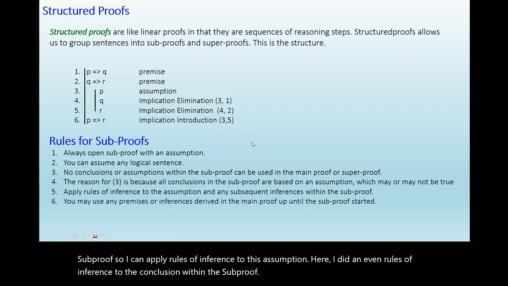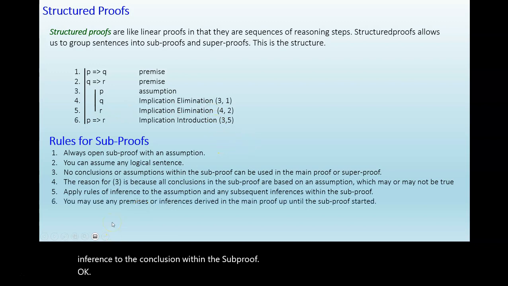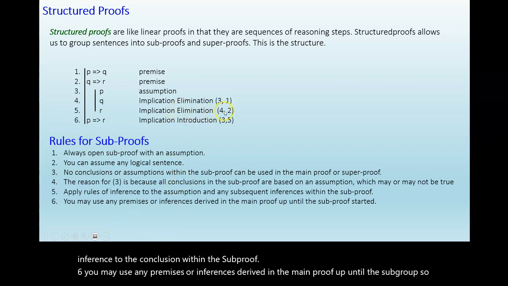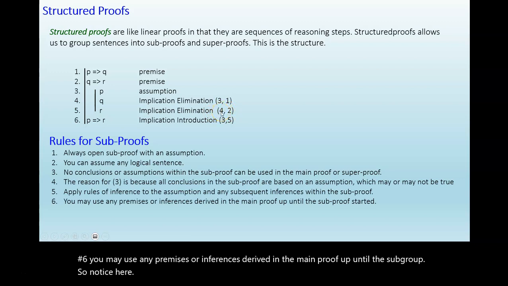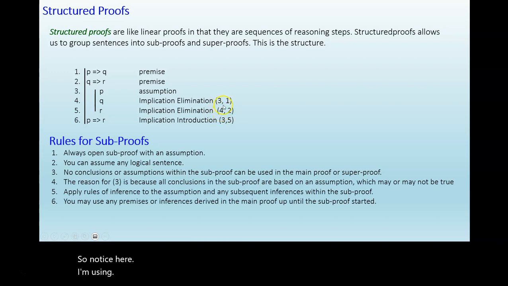Number 6, you may use any premises or inferences derived in the main proof up until the subproof. So notice here, I'm using 3 and 1, that is, I'm using the assumption and the premise from the main proof.